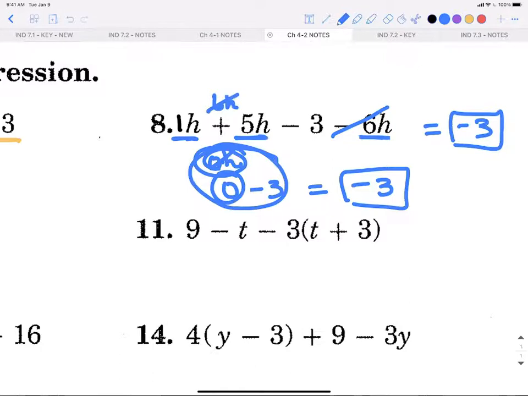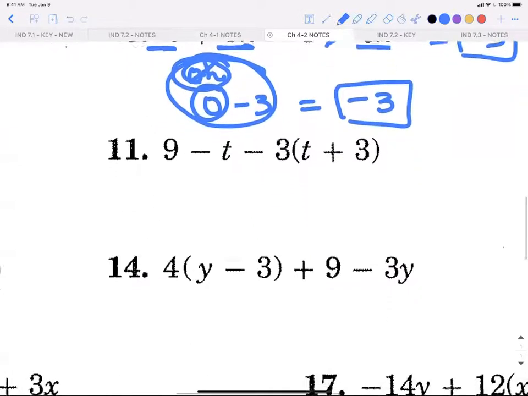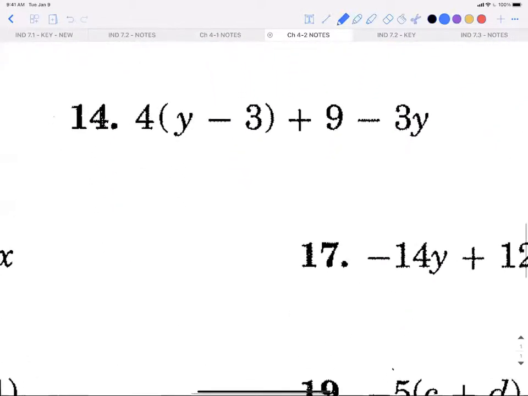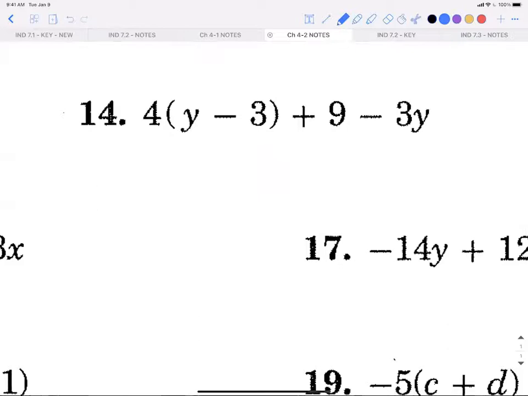All right, now let's lump it all in with distribution and combining like terms. So we're going to do this problem number 14 here. We're lumping everything we know how to do all into one problem. So first things first, anytime you see parentheses, you got to get rid of them first, okay?